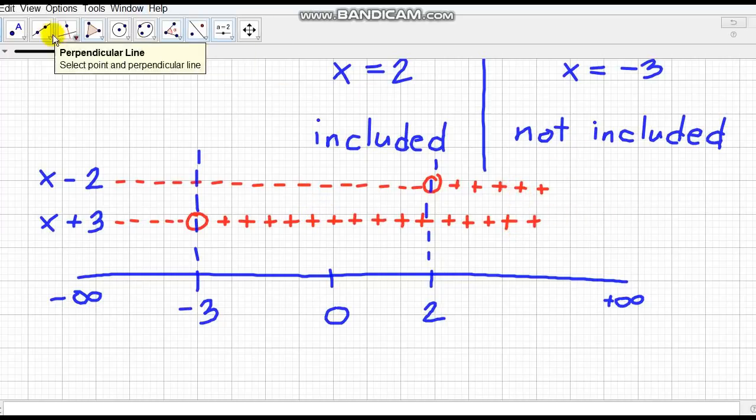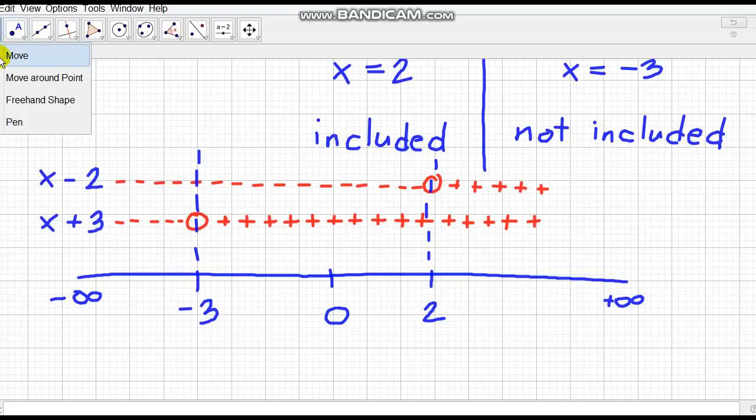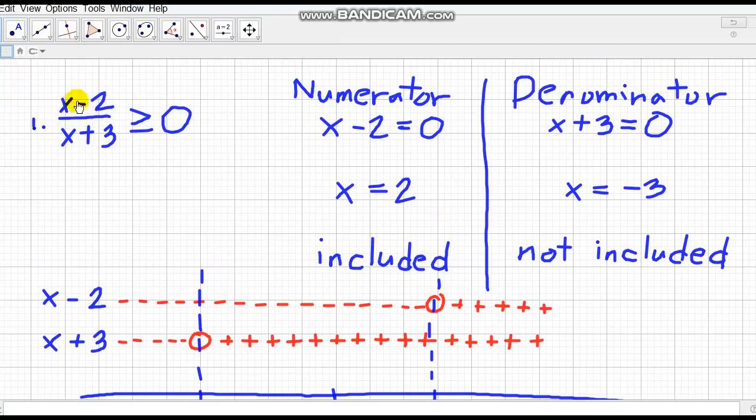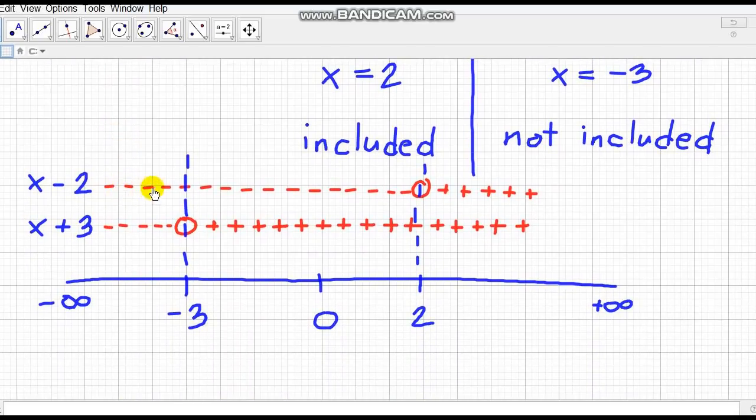Now, back in our given, let's remember that it's x minus 2 divided by x plus 3. So these are all the values of x minus 2, and these are all the values of x plus 3. So we are going to divide the signs. Negative divided by negative is positive.